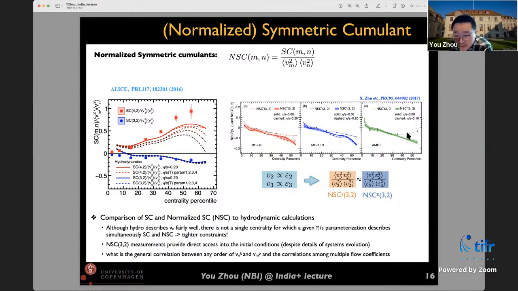The other is the initial state calculation within the same model. So there's no data-model comparison here. It's within the same initial state model, with different eta over s.